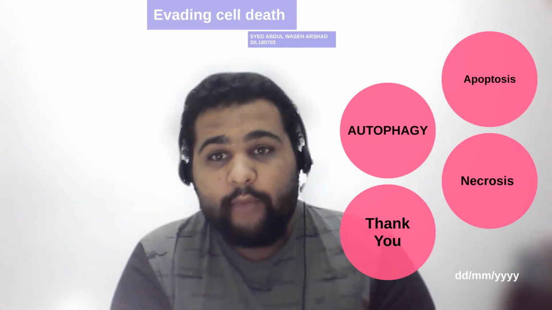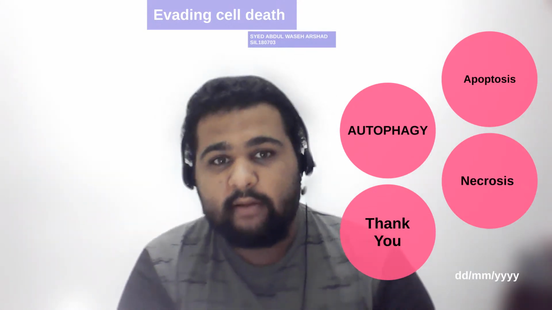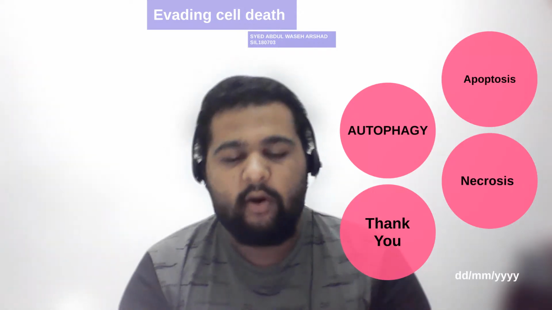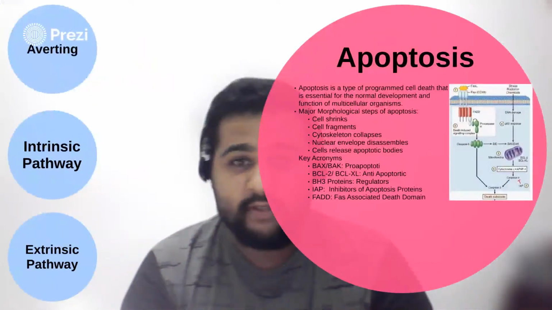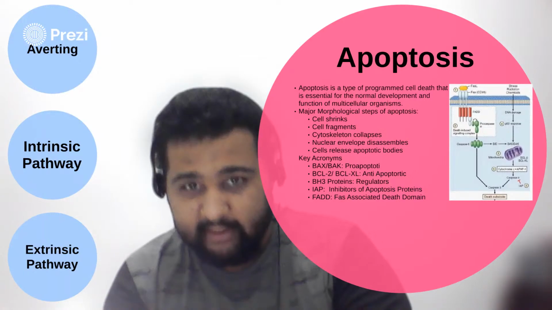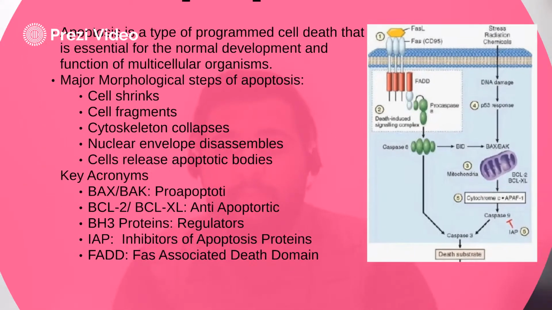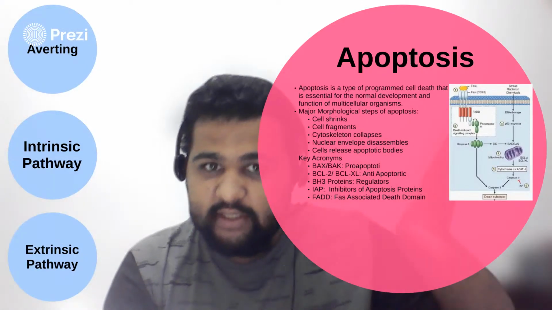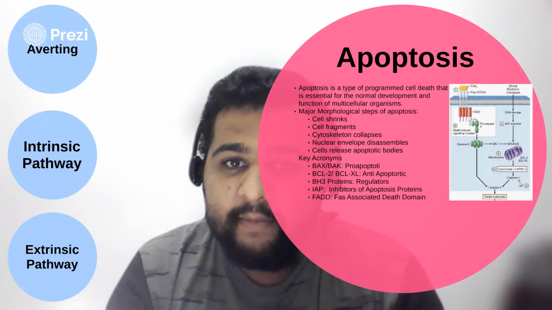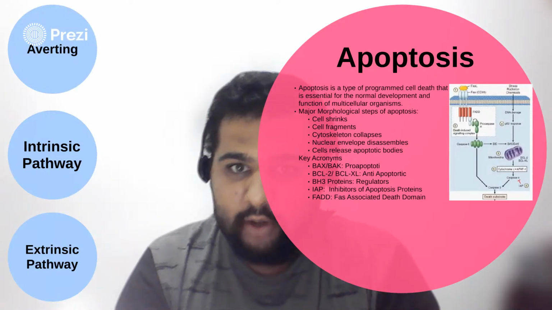So, when it comes to cell death, the major thing that always comes to our mind is apoptosis, which is programmed cell death. Apoptosis is a type of cell death that is essential for the normal development and function of multicellular organisms.